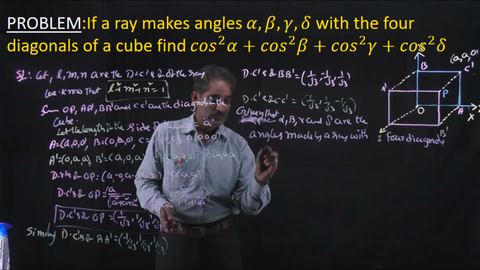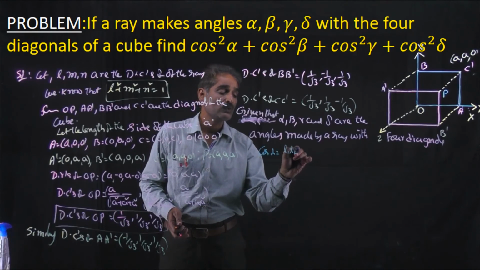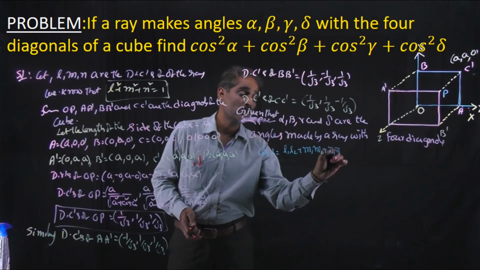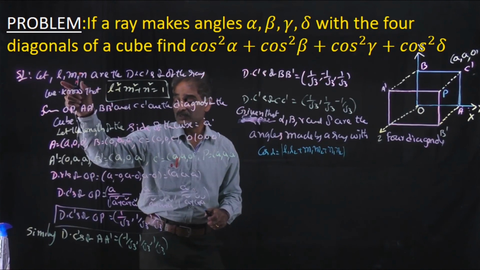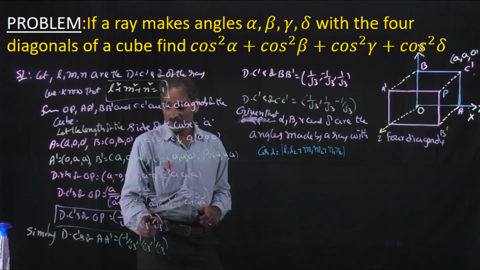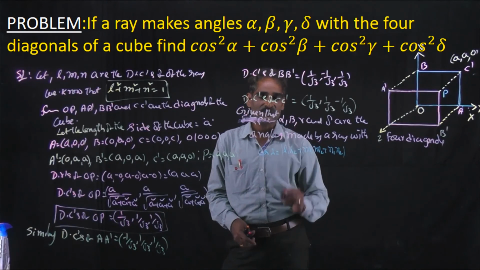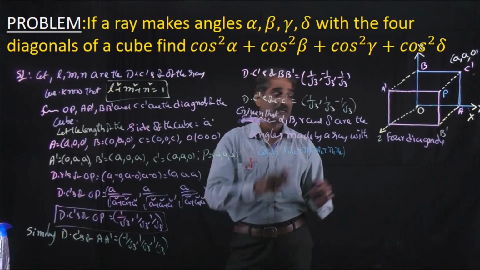Here cos alpha is equal to L1 L2 plus M1 M2 plus N1 N2. This is the formula. Here L, M, N are the DCs of the ray, and the DCs of the other line are these. Now first of all I want to write the angle alpha. Alpha is the angle made by the ray with OP.